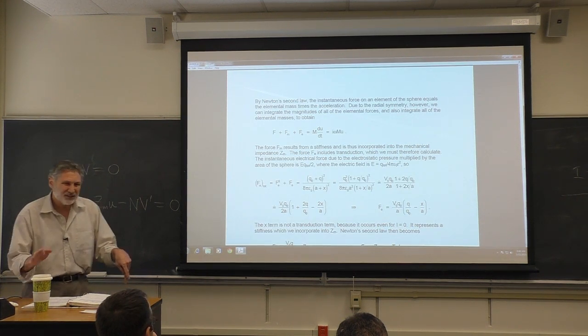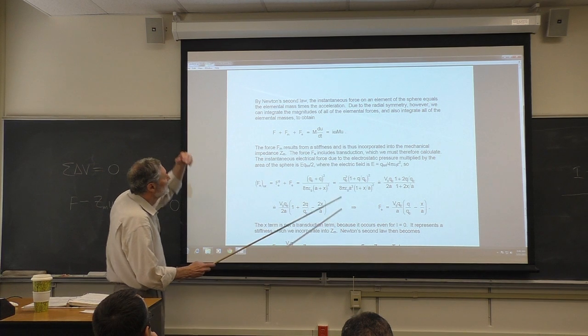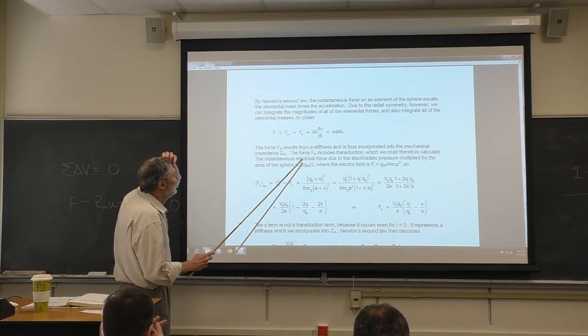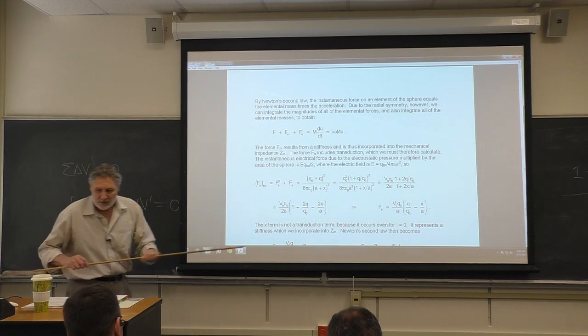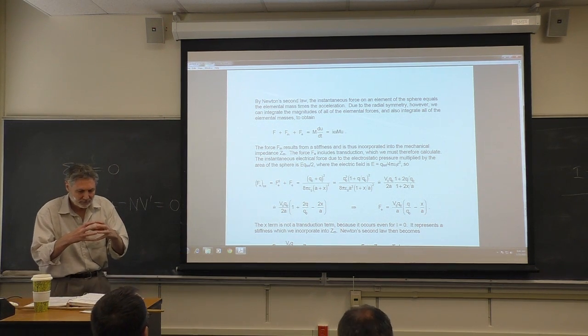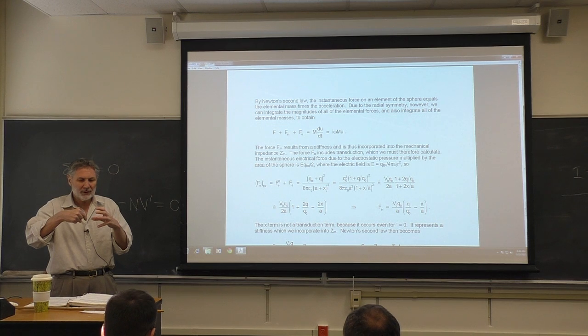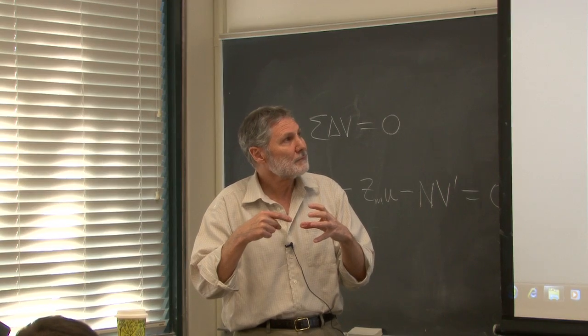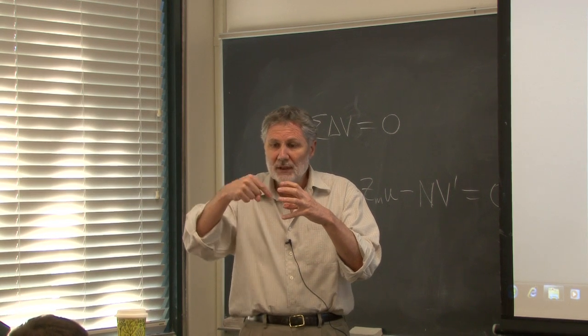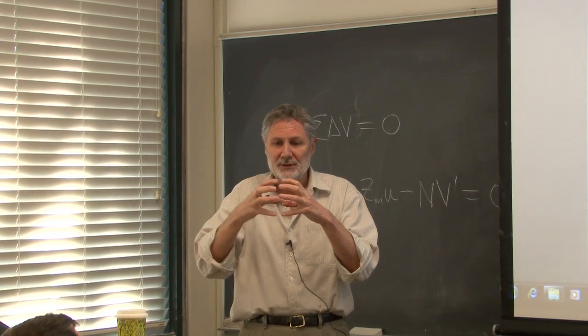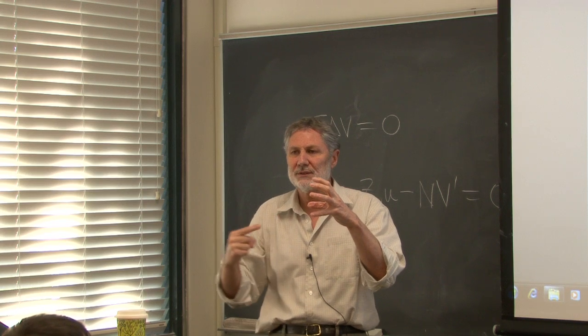Now we've got to look at the mechanical side, and like I said, it's a little bit more difficult here. This, of course, is Newton's second law. If we look at a little element of mass on the sphere, the sum of the forces is going to be the mass times the acceleration. But we have an isotropic situation here.